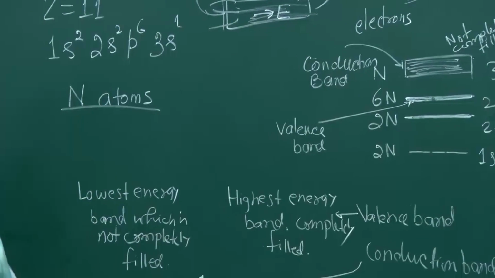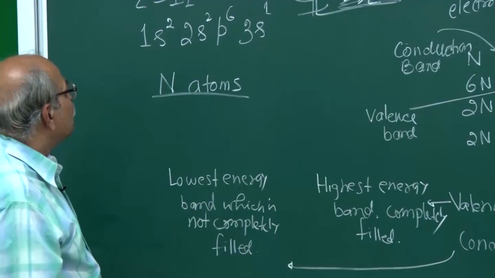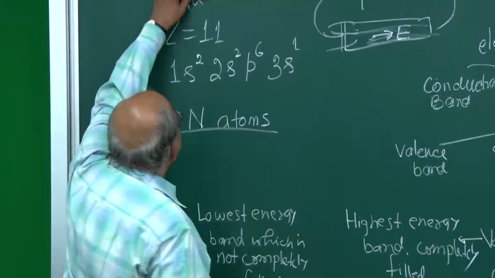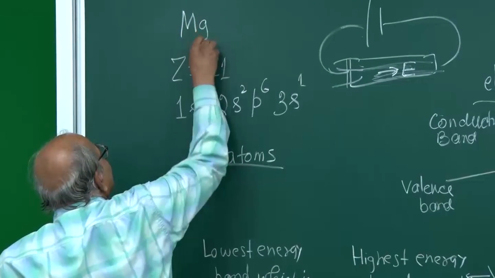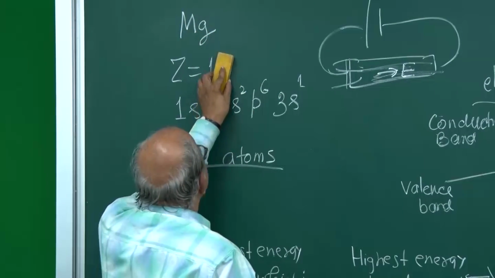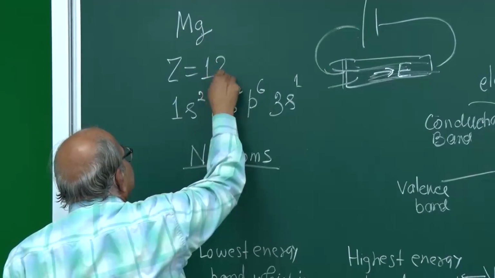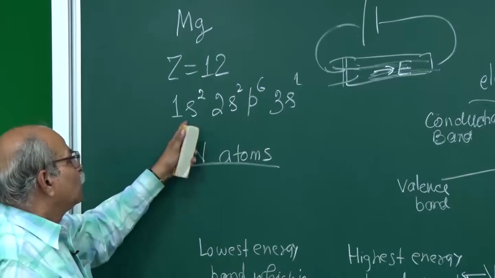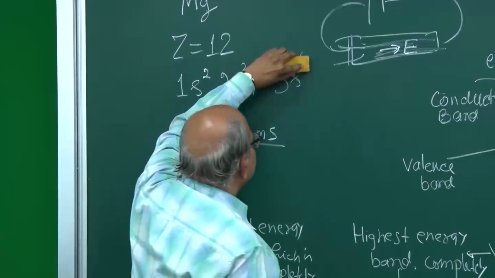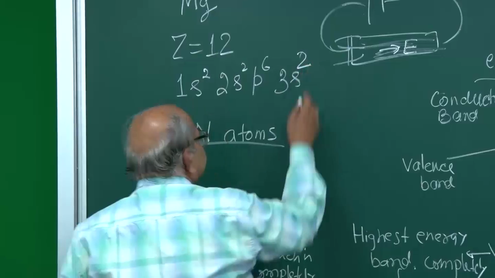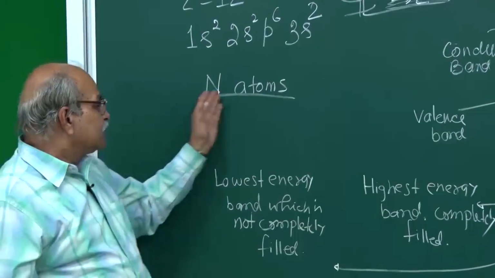What about magnesium? Let us suppose now we consider magnesium, Mg. Here Z is equal to 12. So for each atom the configuration will be 1s2, 2s2, 2p6 and 3s2. And suppose I have n atoms of magnesium.